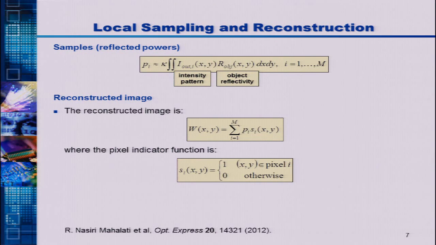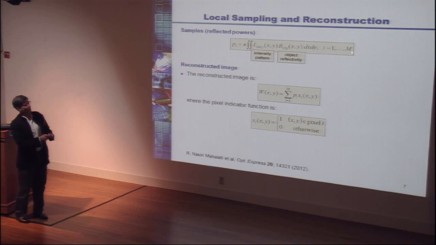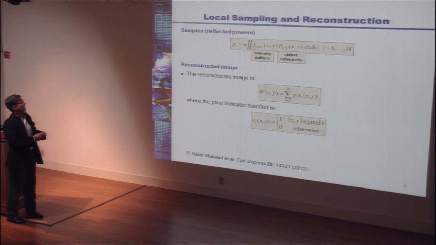And I want to talk about how you sample an image and how you reconstruct it, even though this is trivial in the case of spot scanning. So you illuminate the object with a series of M different patterns. M is at least 4n.